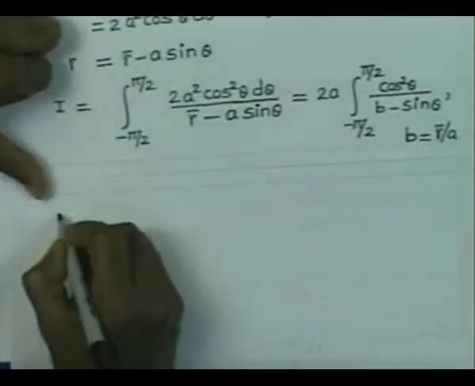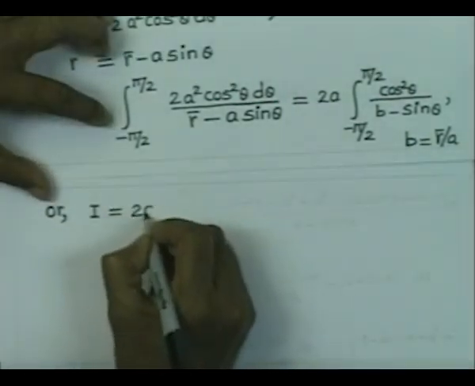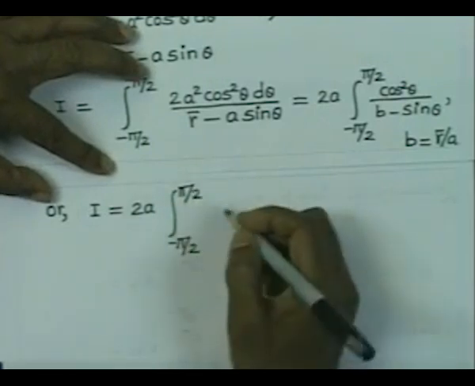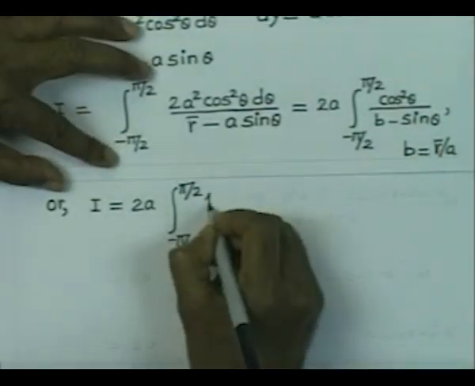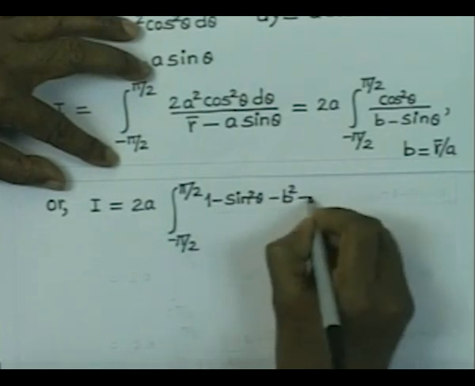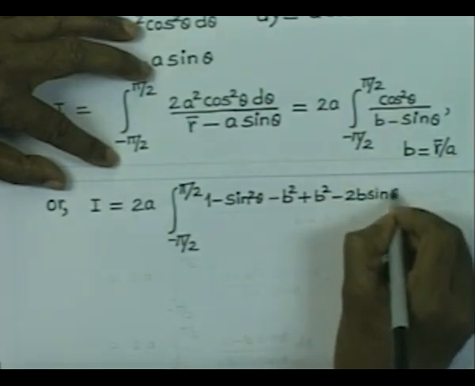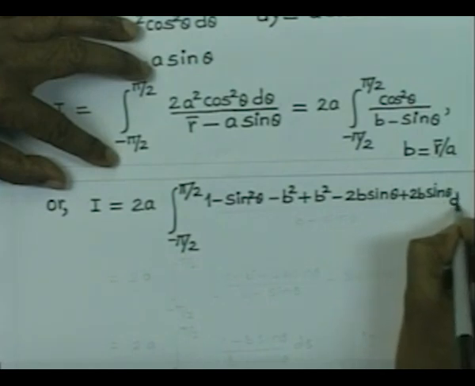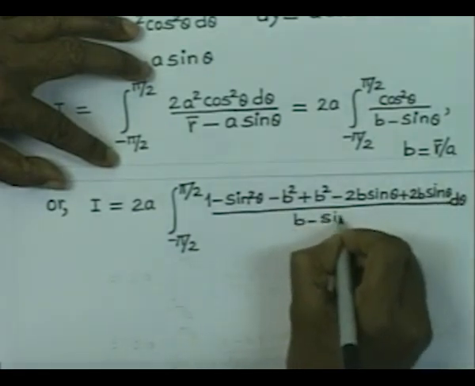If we do a little manipulation, we get I is equal to 2a, integral from minus pi by 2 to plus pi by 2 of 1 minus sin square theta minus b square plus b square minus twice b sin theta plus twice b sin theta d theta, and the denominator is b minus sin theta.